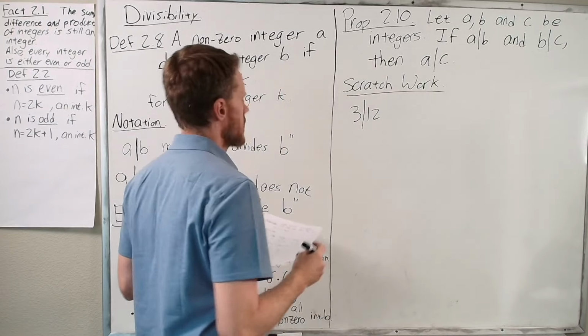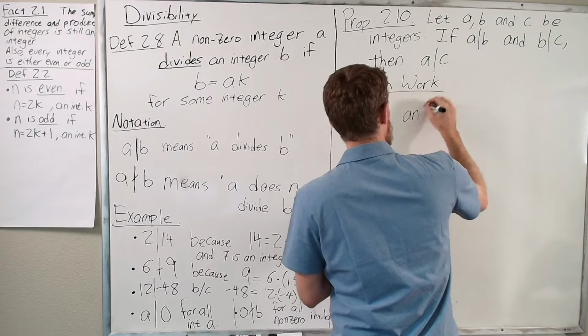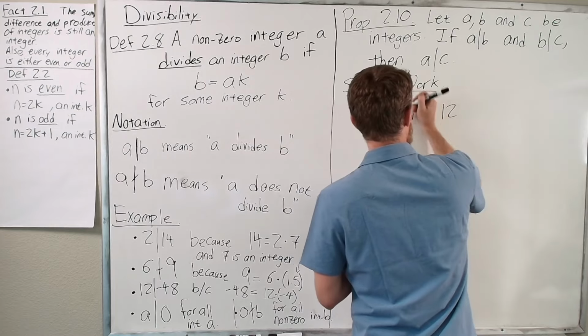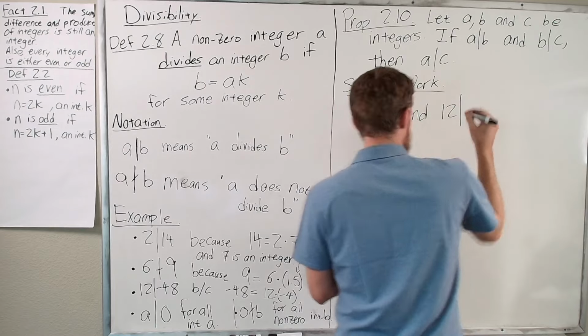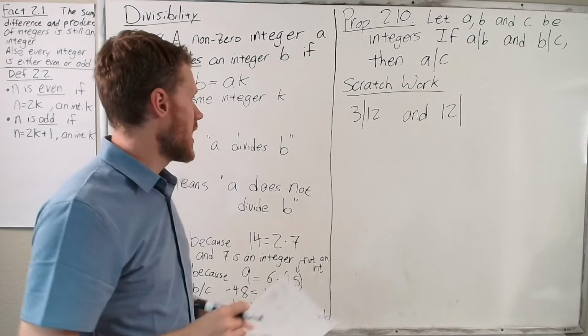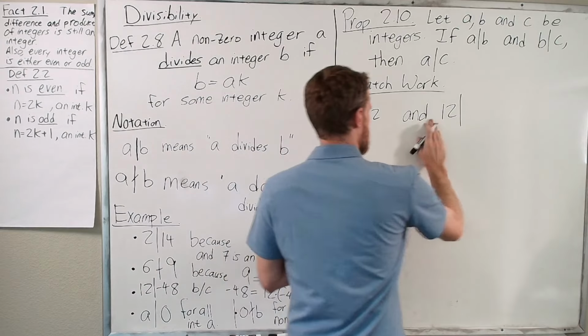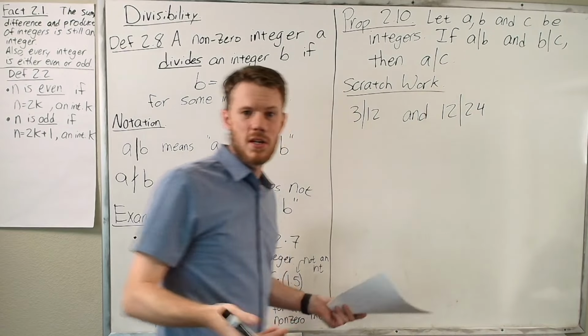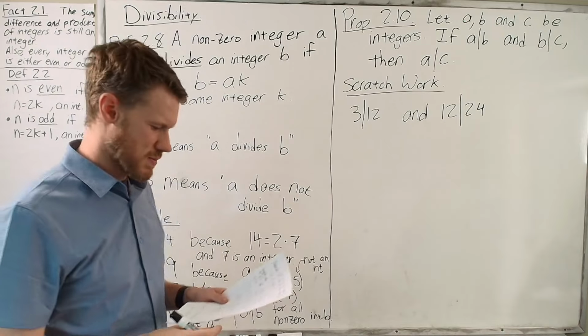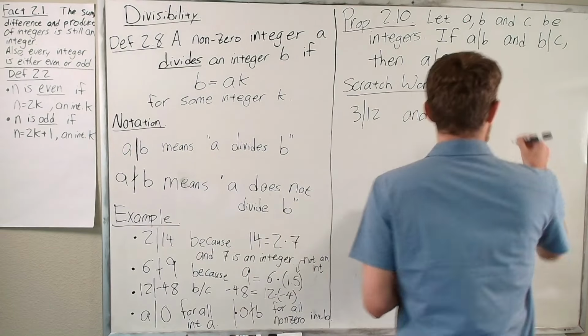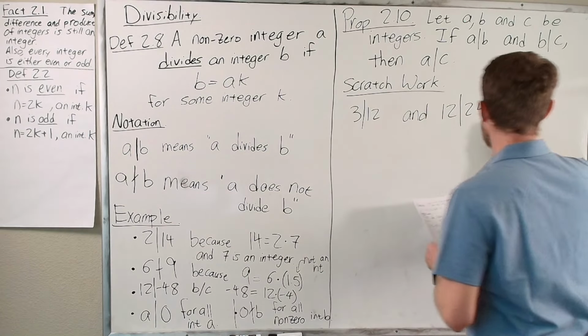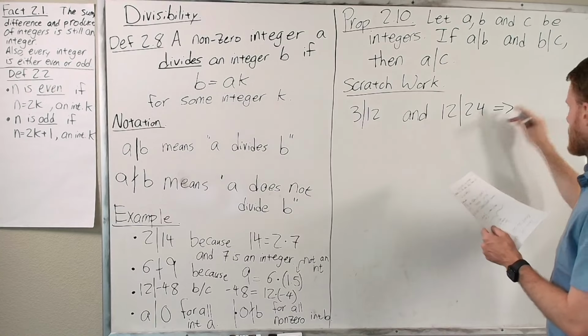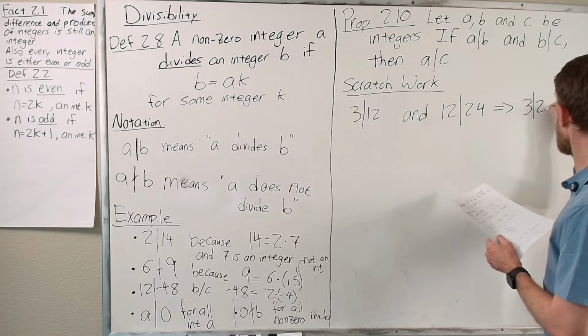So 3 divides 12. Yeah, that works. And 12, this is a real class, you'd be picking these numbers, but alas, 12 divides, I chose 24. But, you know, pick your own examples on your own piece of paper. And does this imply, that's the imply symbol, is it true that 3 divides 24?